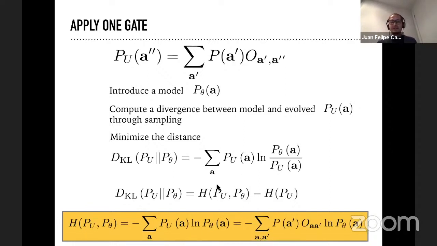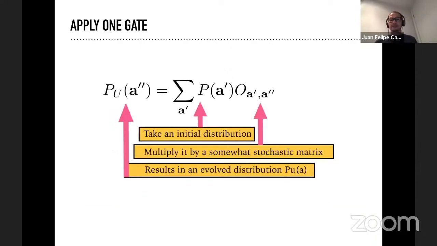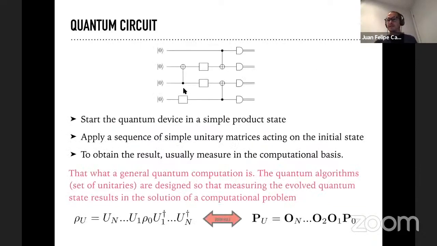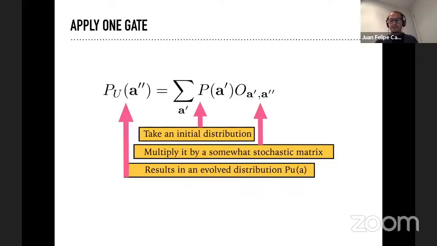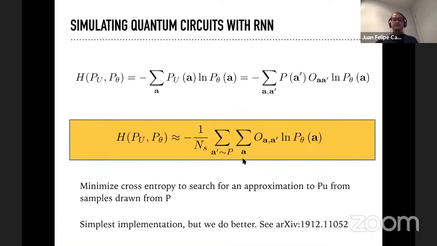Once you plug this expression in, you have two sums. The first one, over A prime, we do through sampling from the model or from the initial distribution. And the second one we perform exactly, and this is due to the fact that these gates are local. So that's important, but the key message here is that this cross entropy can be computed through samples.